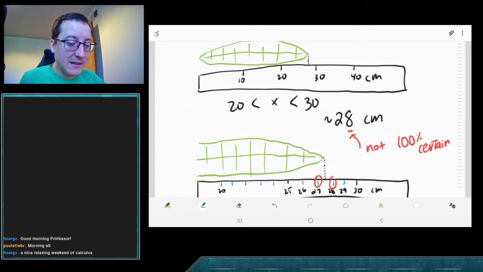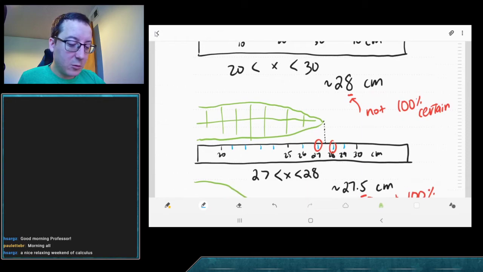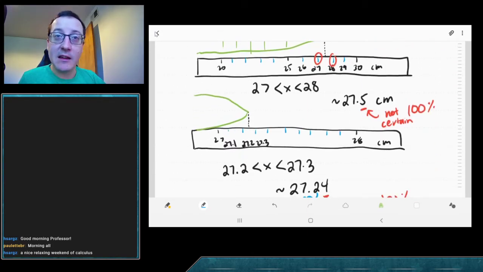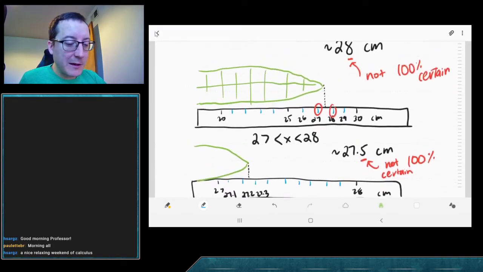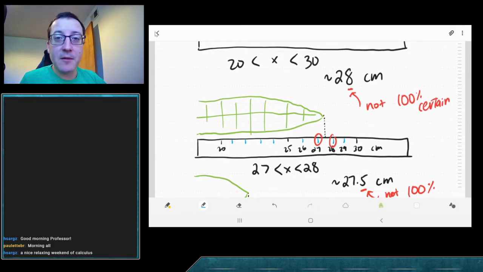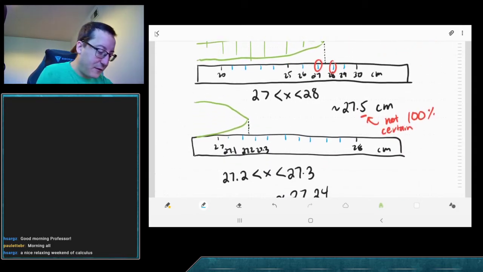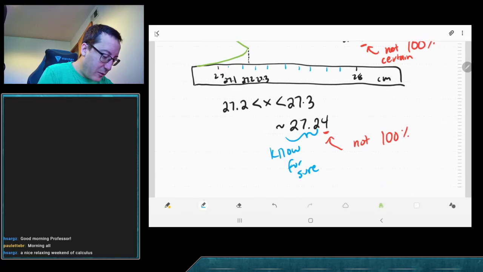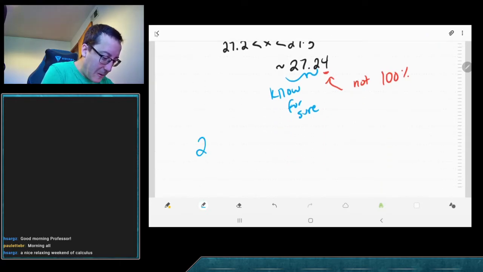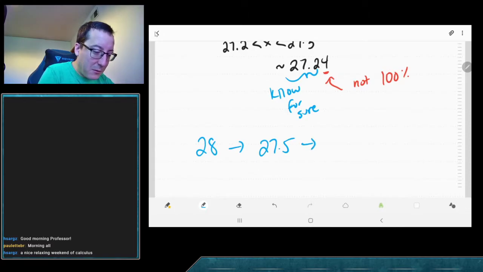And so you can see from our crappy ruler to the medium ruler to the really fancy precise ruler, our measurement has changed a little bit, right? We started at 28, and then we went to 27.5, and then we went to 27.24.